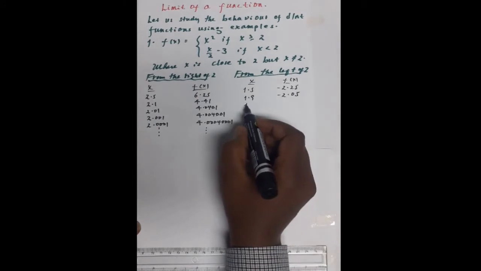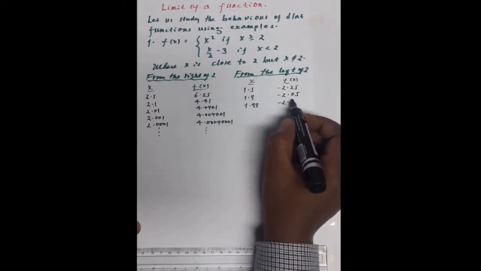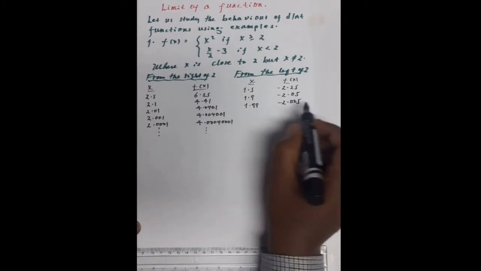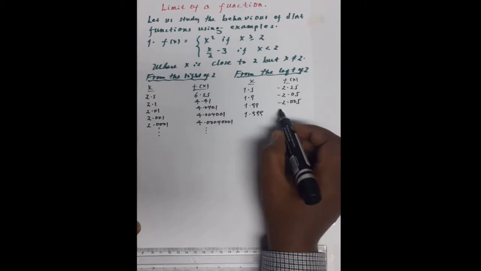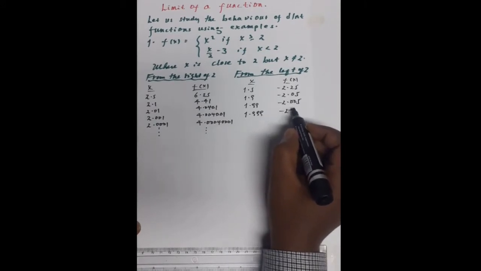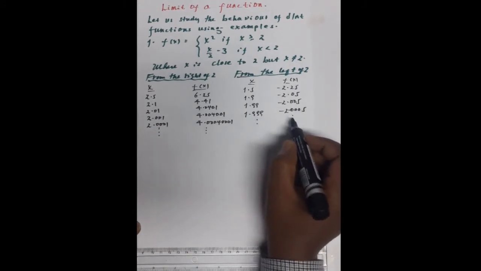When we take 1.99, f of x will be minus 2. Much closer to 2, when we take 1.999, f of x will be minus 2.0005. You can continue like this.